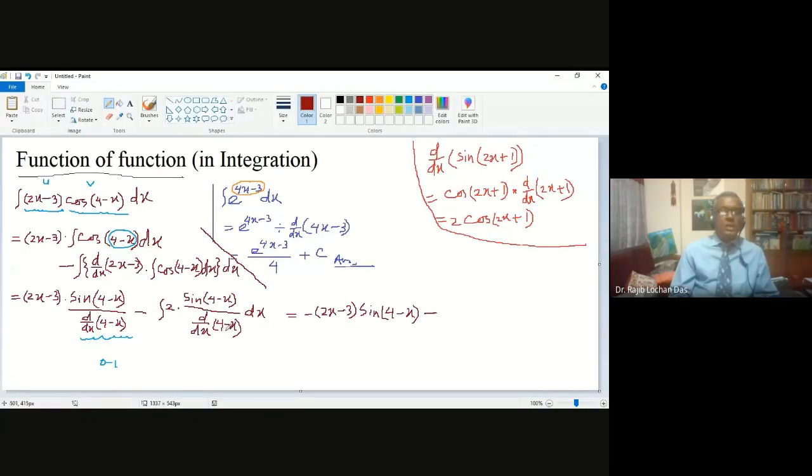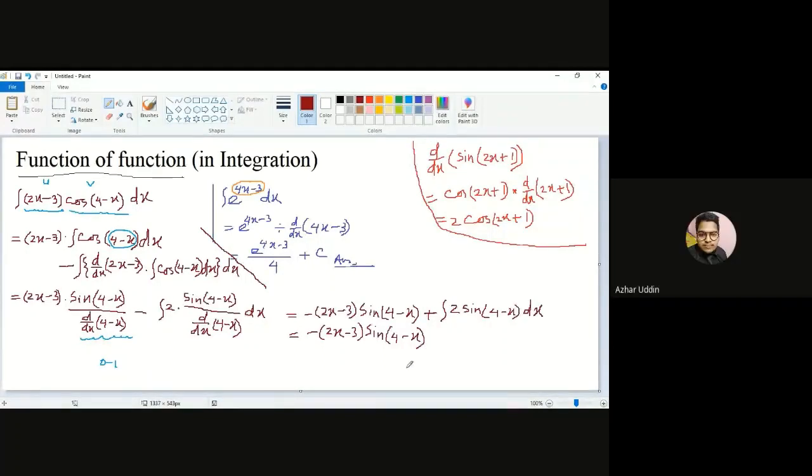d/dx will give you 1 minus, and you have another minus, so you can write plus. And then integration, then 2 sin 4 minus x dx, that will be the second part. So you can write the next line by doing integration for the second part. What will be the integration of the second part?